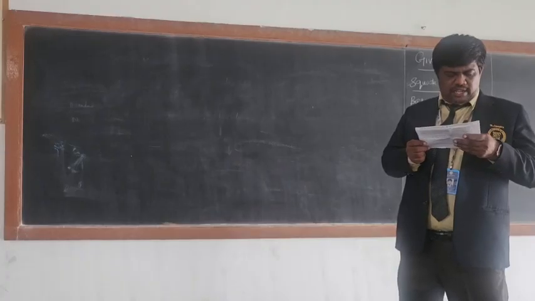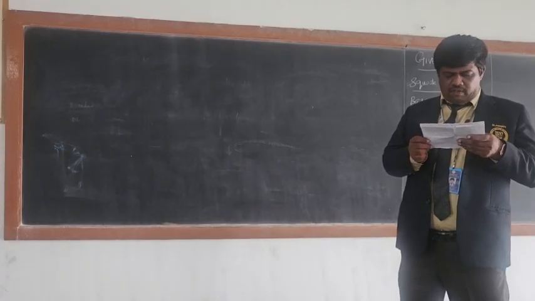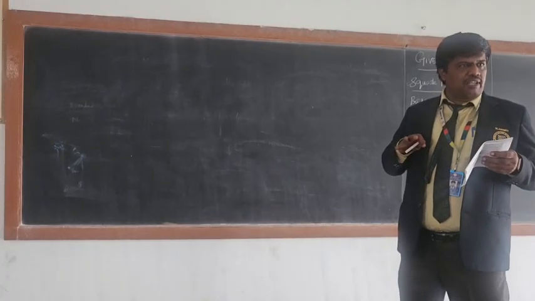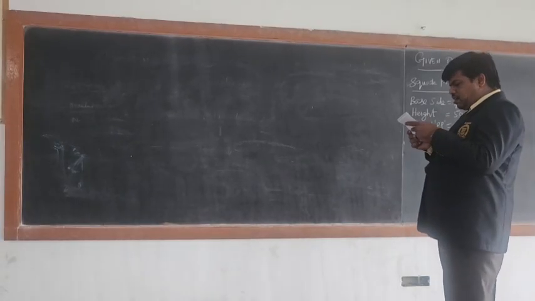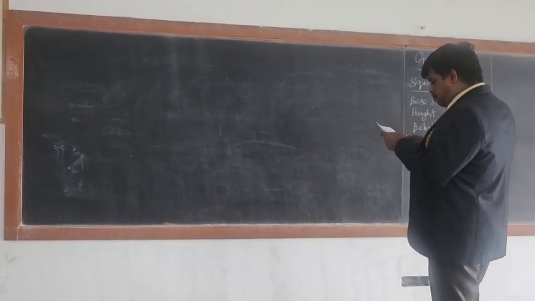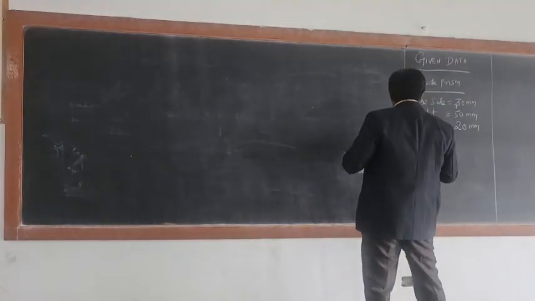Next is the station point, where the observer is standing. The station point is 45 mm in front of the fixed plane.